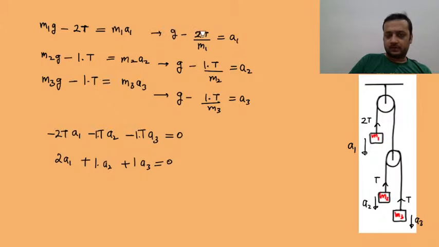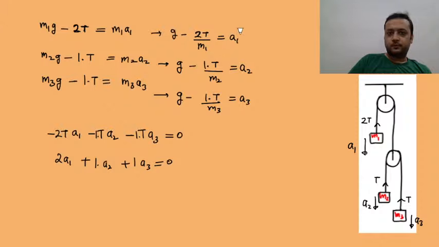This 2 comes into the picture because here tension had a coefficient of 2, which has come over here. Here tension had a coefficient of 1, which has come over here, and again 1 here. T has gone into 0, so 2, 1 and 1 are left out.